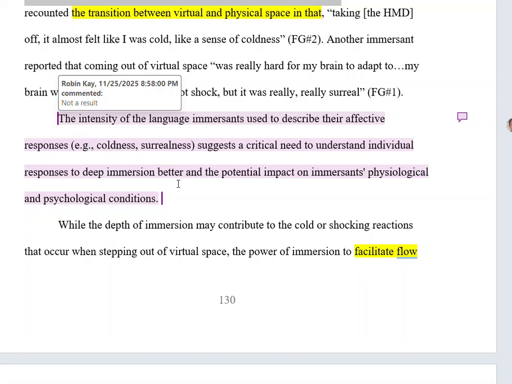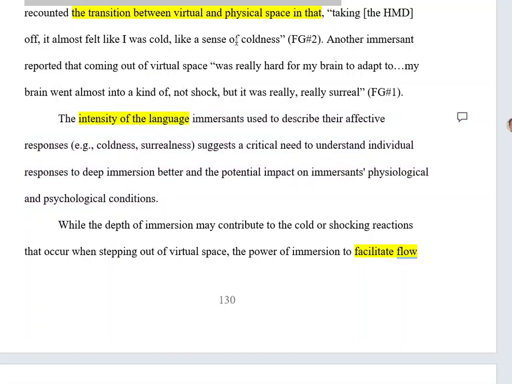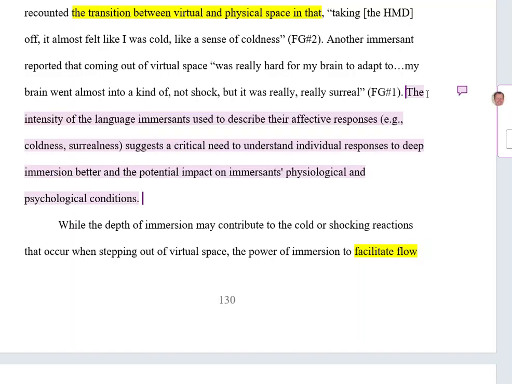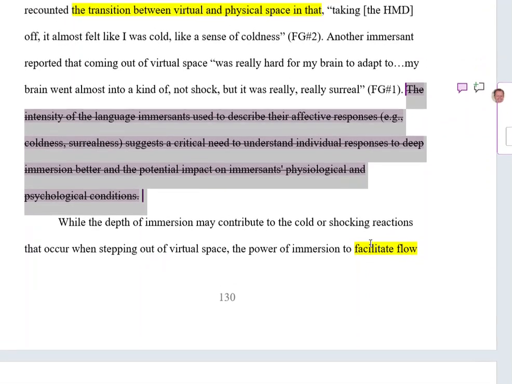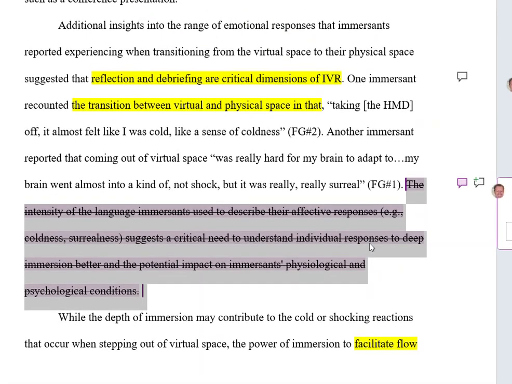There's no evidence here. I guess you're trying to say here, maybe it's not a new paragraph, so that might be the intensity of language immersions described. Their effective response suggests a real. Okay, so then that's okay. As soon as you make an interpretation, that becomes a discussion point.